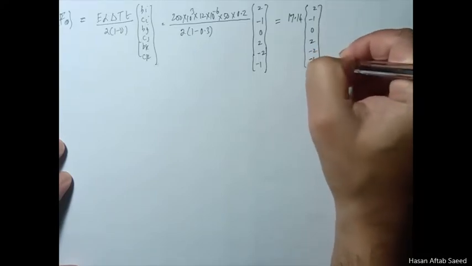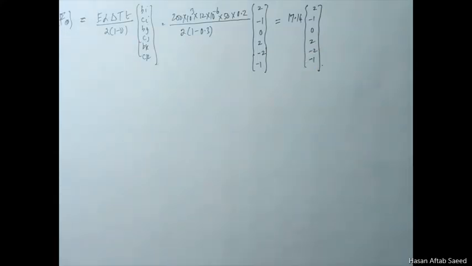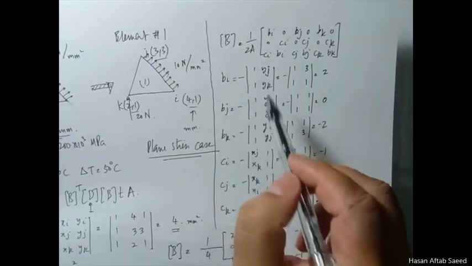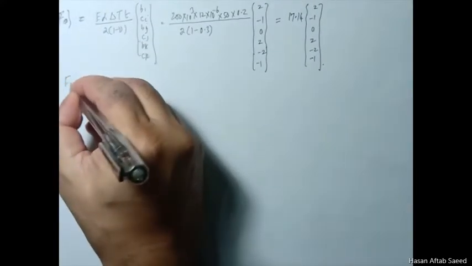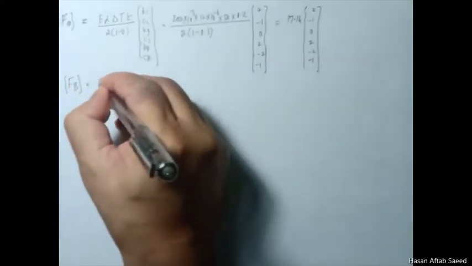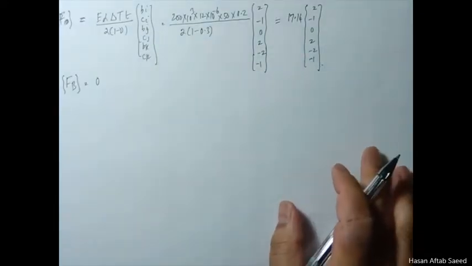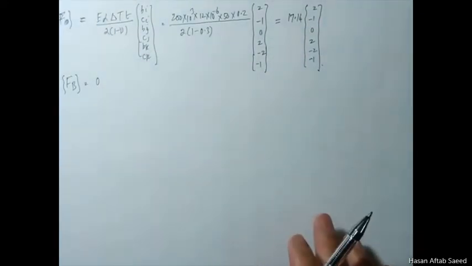Now in this question there is no body force involved, but if there was a body force we could have easily dealt with it using the formula for body force, so that's not a difficulty. To put it in writing, there is no body force vector, so that's 0.